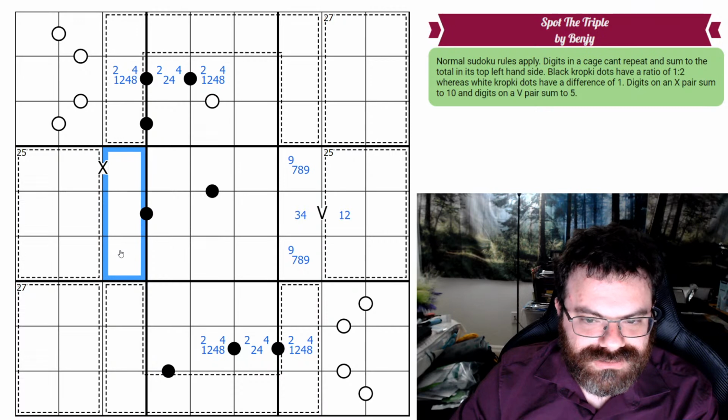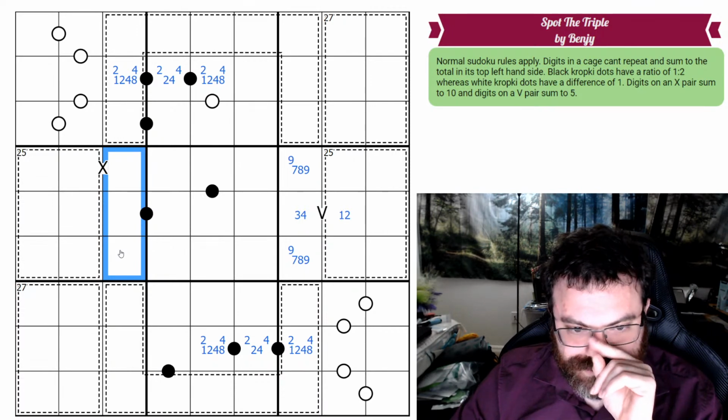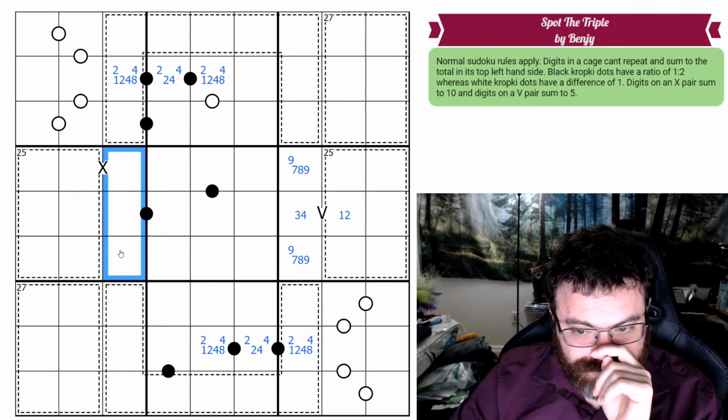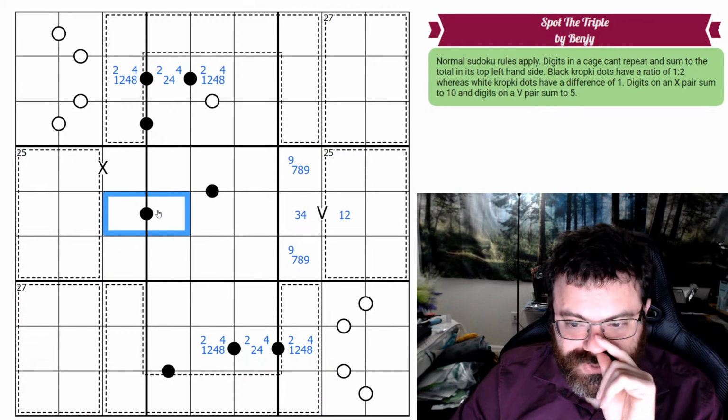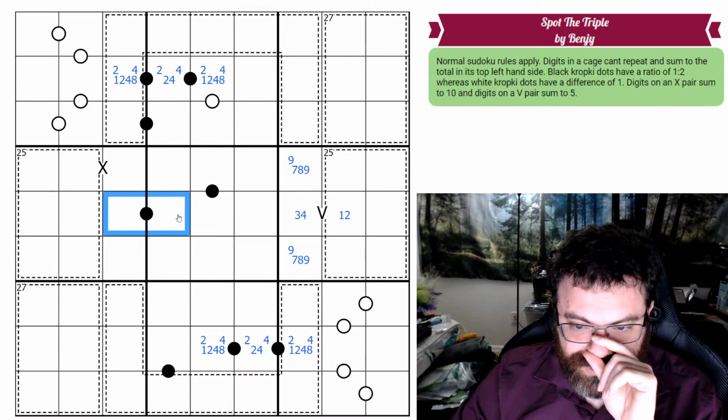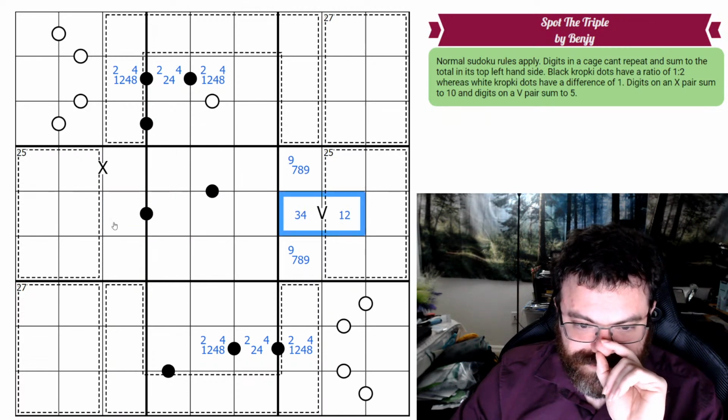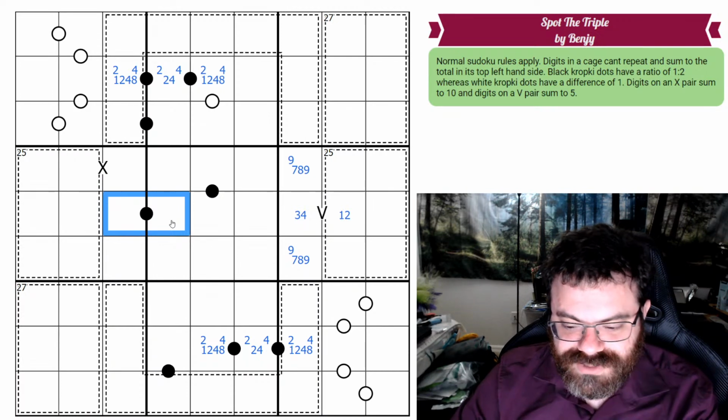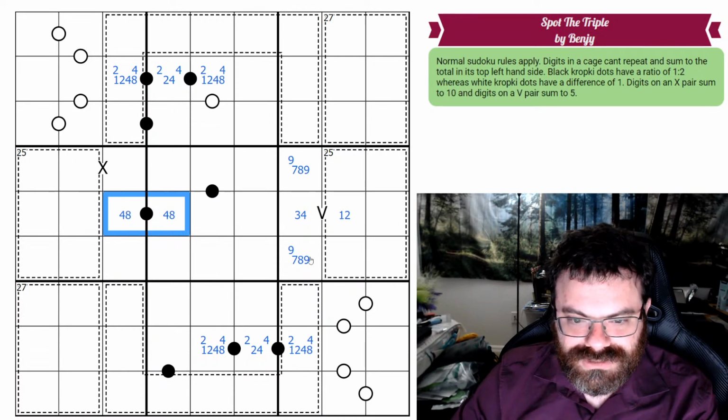Over here, these also add to 20. This can't be 1-2. Can't be 2-4, again because of the V. We could be 4-8, or we could be 3-6.